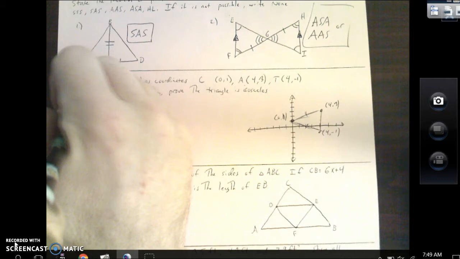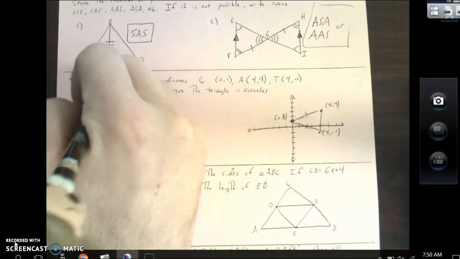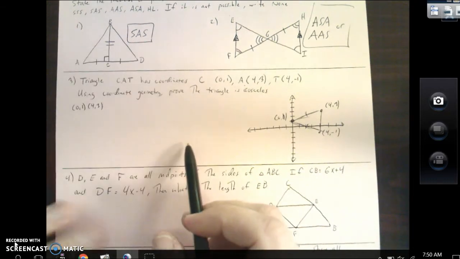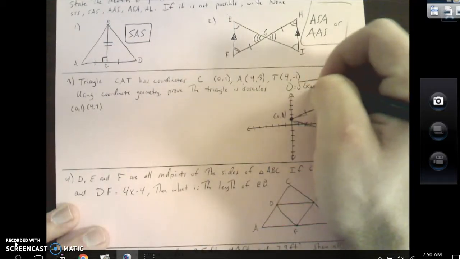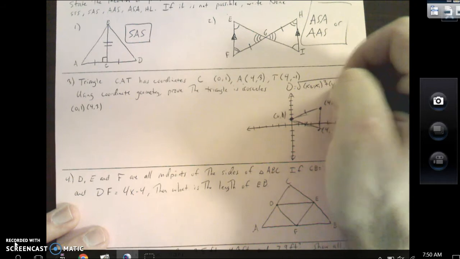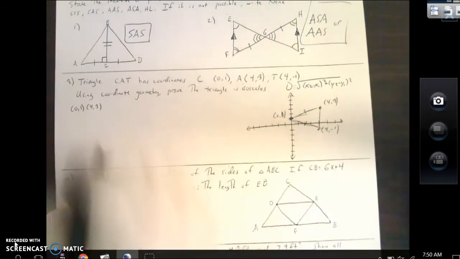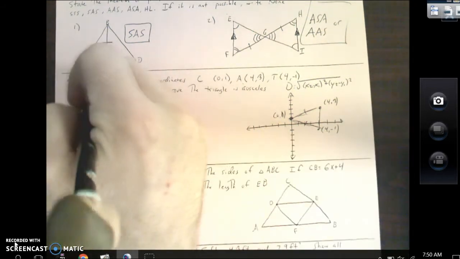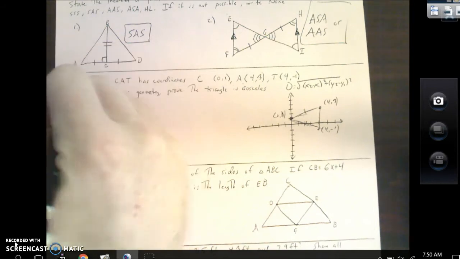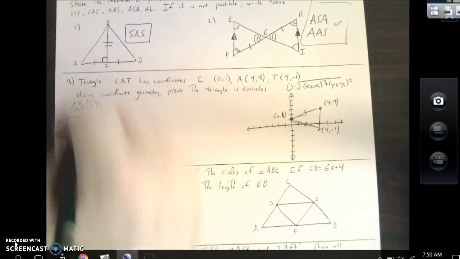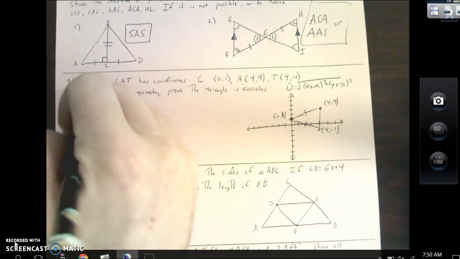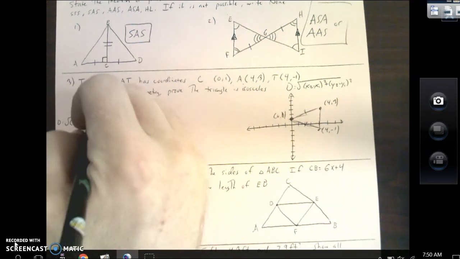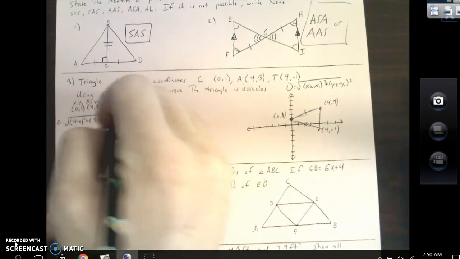Okay, so (0,1) and (4,3) first. Distance formula will be given to you. It's right here. Okay, so here's my x1, y1, x2, y2. Here we go. Distance is the square root of x2 minus x1, 4 minus 0, squared, plus 3 minus 1, squared.